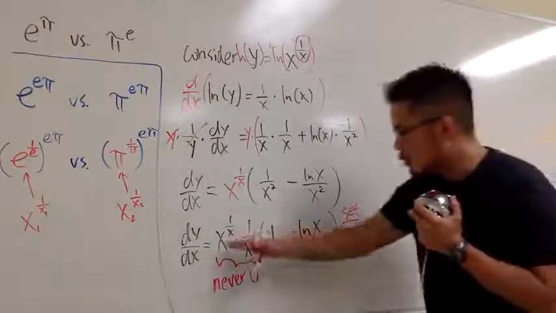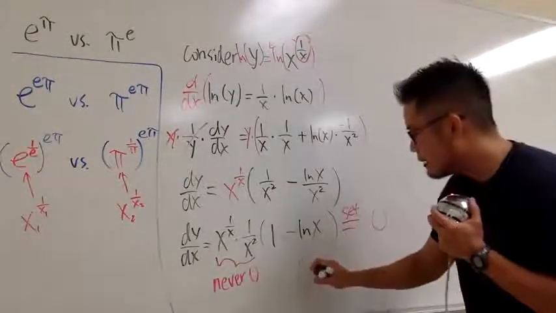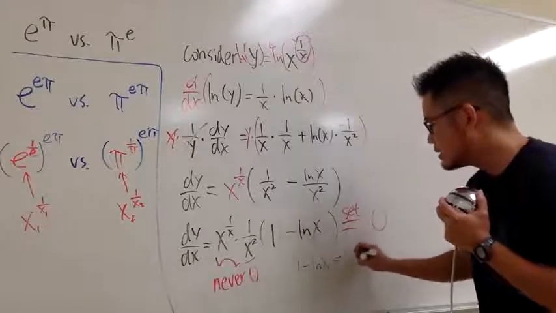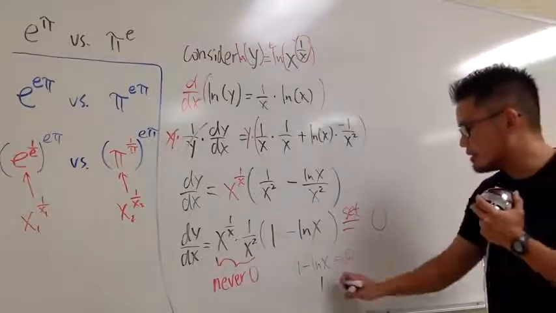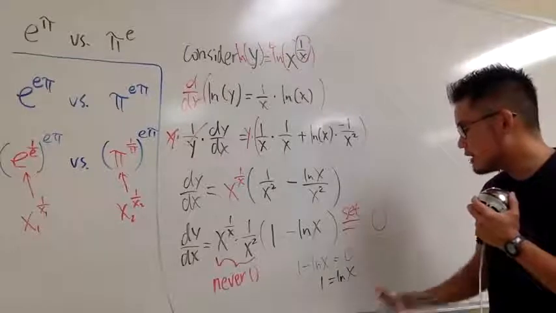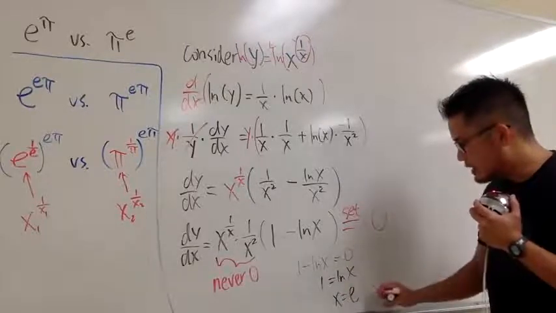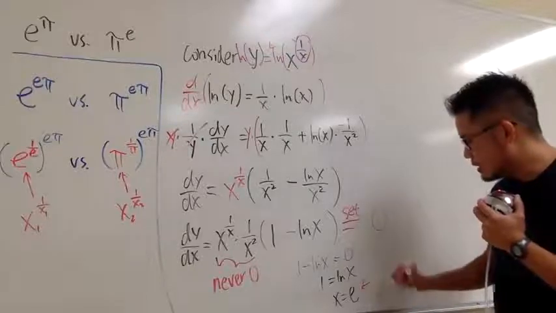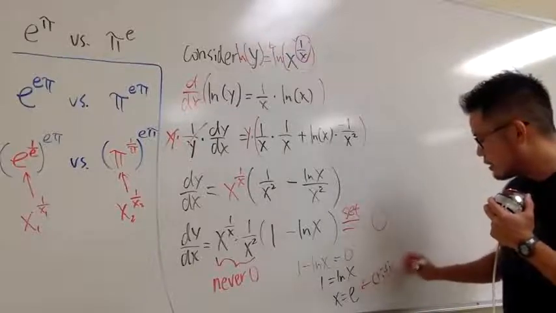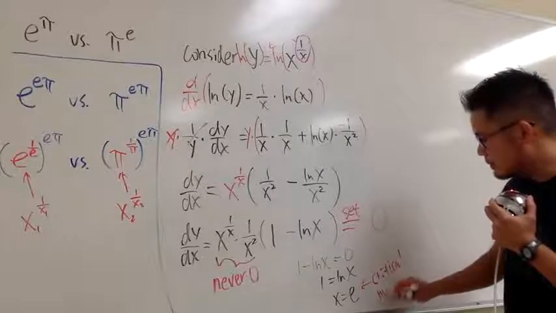So in order for the derivative to be 0, we must have 1 minus ln x to be 0. And then we can just say 1 has to be ln x, and x has to be the number e. So this right here is the critical number. So let me just indicate that right here. Critical number.